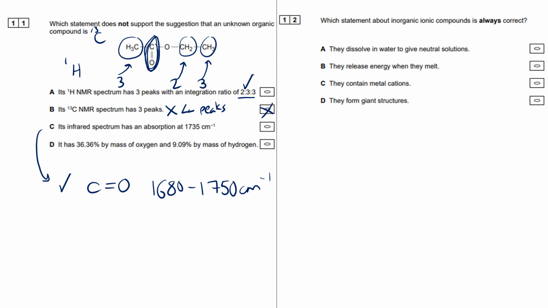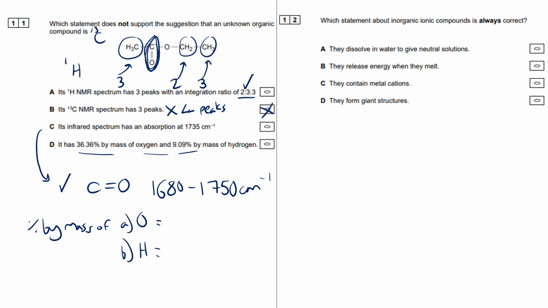And statement D, you're going to need your calculator for this one. Does it have a percentage by mass of oxygen being 36.36 and 9.09 by mass of hydrogen? So for this one, you're going to need to work out the percentage by mass of firstly oxygen and secondly hydrogen.